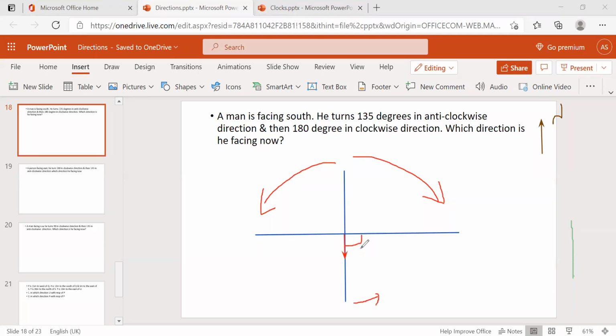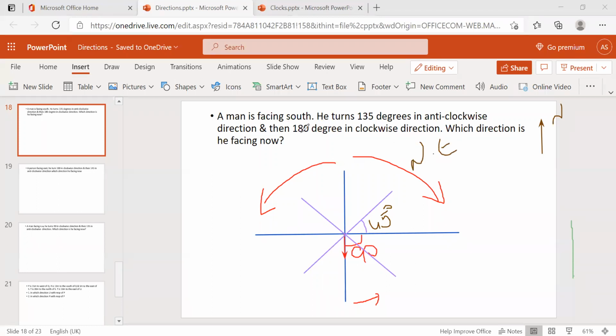This is 90 degrees, we know that, and there are other corners as well. From here to here is 90 degrees, and this is 45 degrees. So 135 degrees means 90 plus 45. Now he is facing this side. So after 135 degrees anti-clockwise, the direction is northeast.